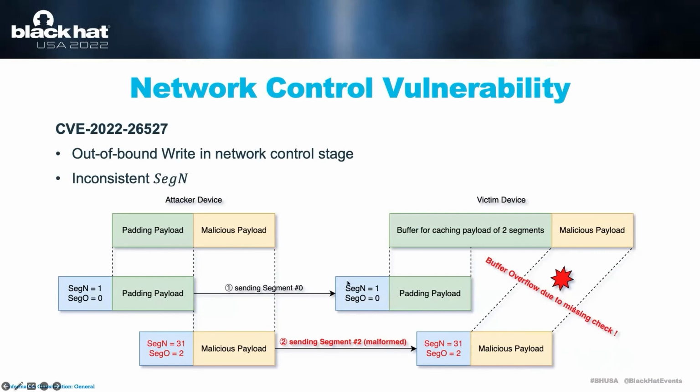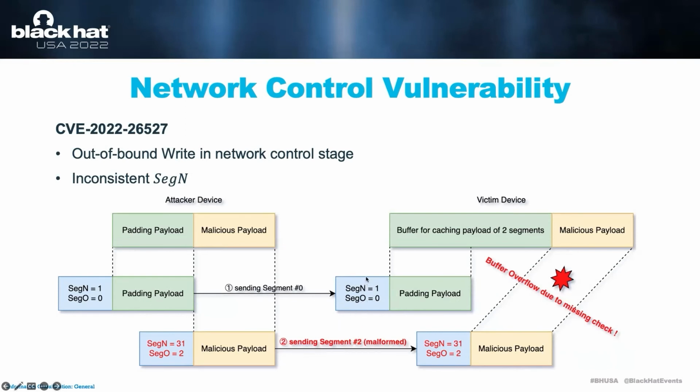In a valid case, for a certain segmentation and reassembly session, the SEGN in all the segmented packets should be the same. But in this bad case, the Mesh SDK allows the SEGN to be inconsistent. Here, the attacker first sends a segmented packet to the victim with the SEGN 1 and the SEGO 0. That's okay. It means that there are two segmented packets in total, and this is the first one.